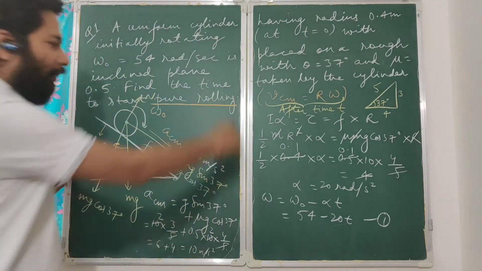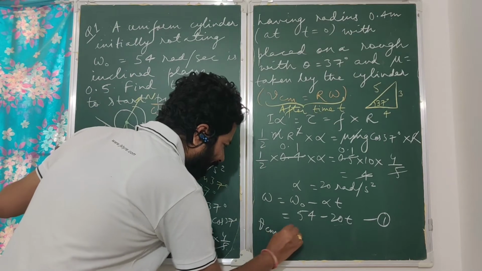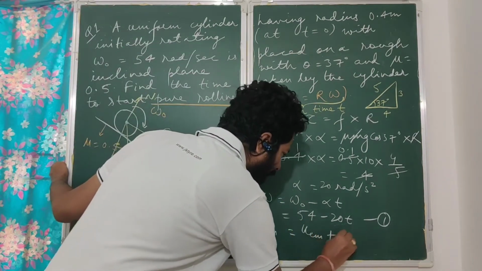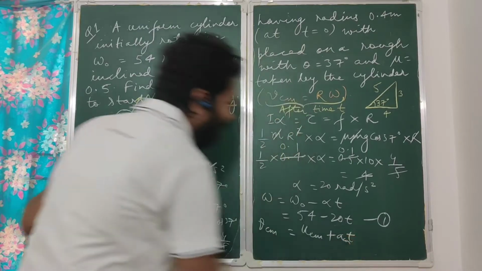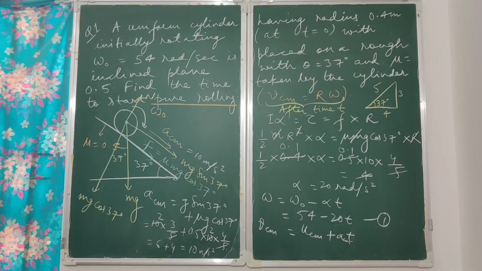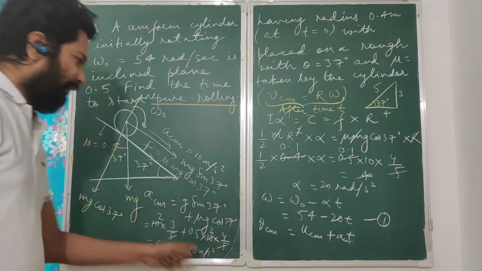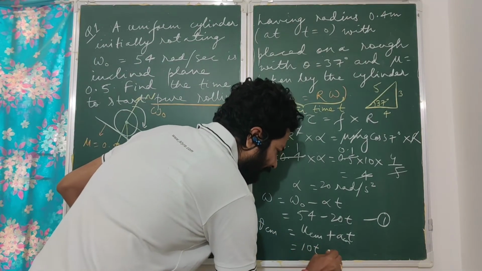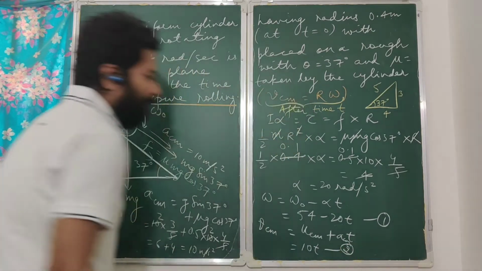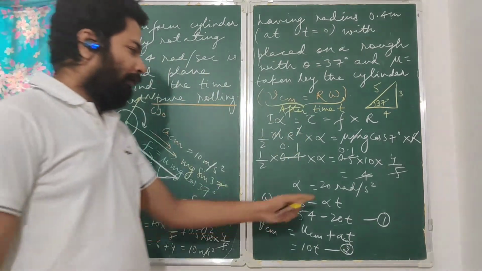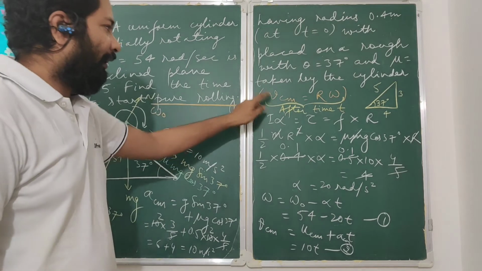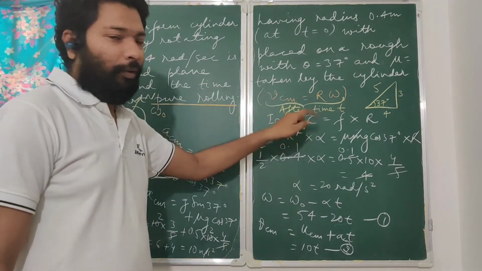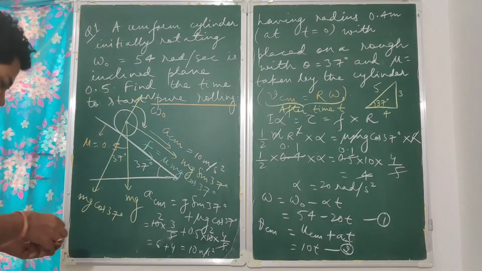So what will be the velocity of center of mass after a given time? It will be initial u center of mass plus a into t, acceleration of center of mass into t. So this is 0, a center of mass is 10. So this will become equal to 10t. So this is our second equation. Now we can make use of our first equation and second equation, and then V center of mass should be equal to r omega when the body starts pure rolling.